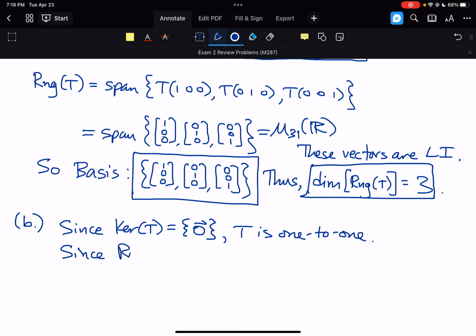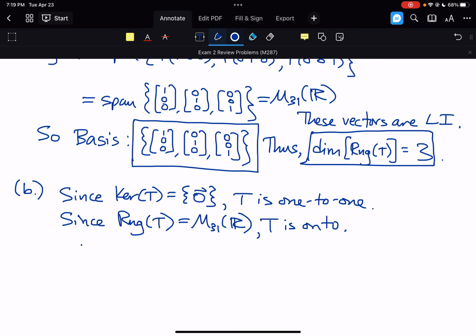And since the range of T equals M31 of R, so it covers the entire output vector space, T is onto. Thus, T is both.